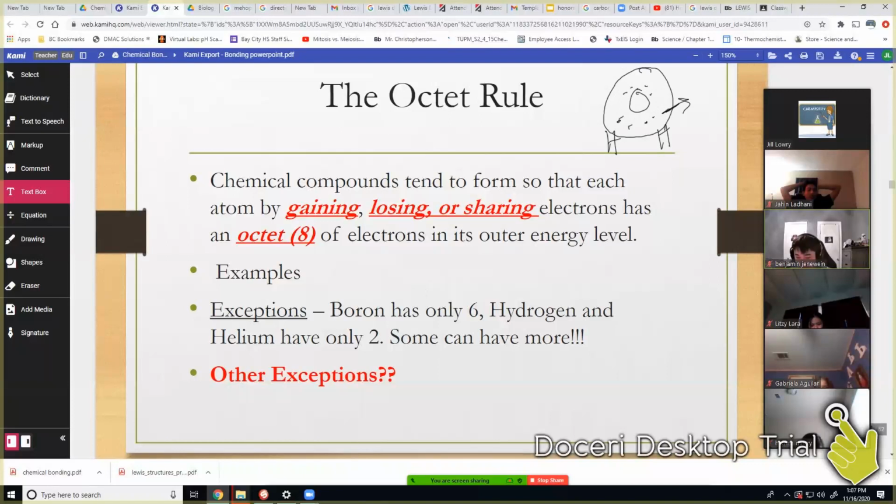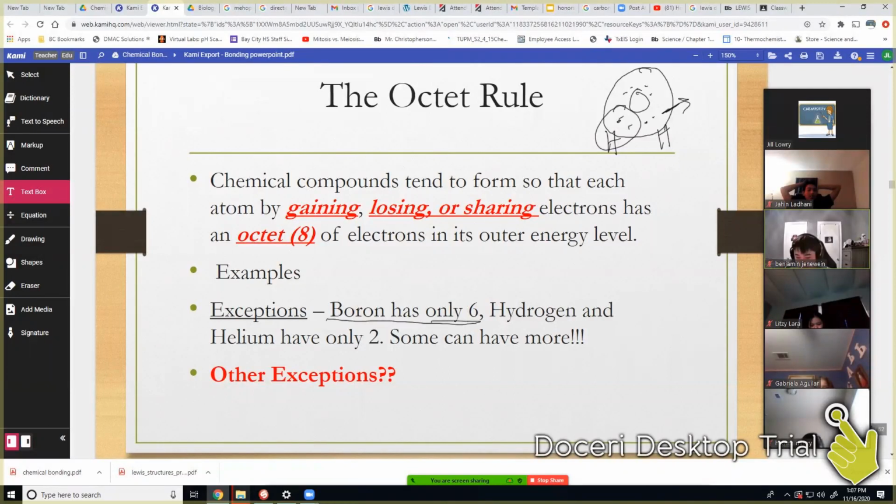It has 2 lone pairs that are its own, and then it has 2 that it's getting whenever it's sharing the electrons here and forming those bonds, and that gives it the 8, their octet. Remember, hydrogen doesn't have to have 8, it only has to have 2, so it is also stable here. So hydrogen is an exception, helium is an exception, boron only has to have 6.